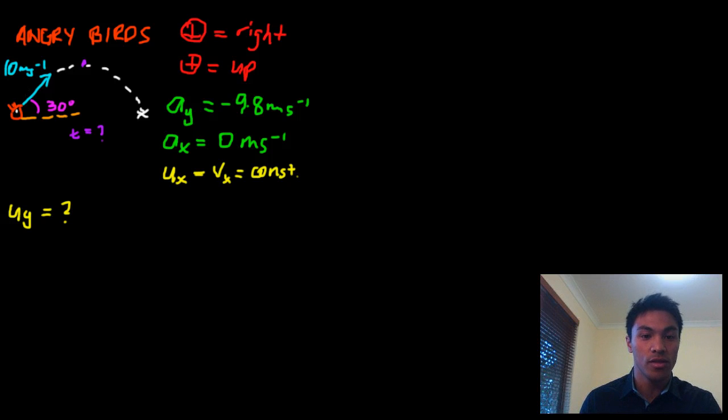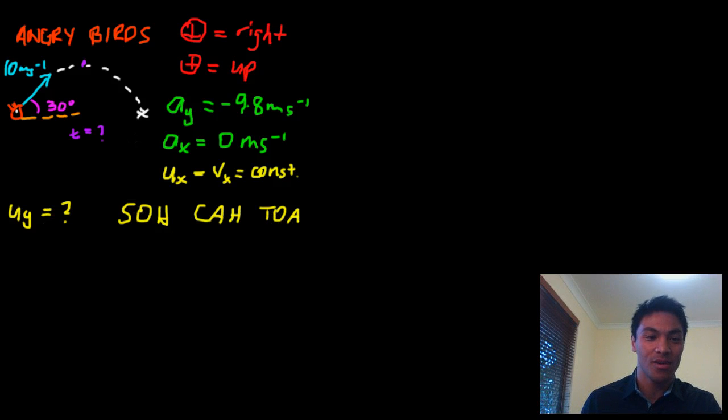So if we use a little bit of trig, to remind you what the trig functions are, we have SOH CAH TOA: sine theta equals opposite over hypotenuse, cosine theta equals adjacent over the hypotenuse, and tan theta equals the opposite component over the adjacent component.